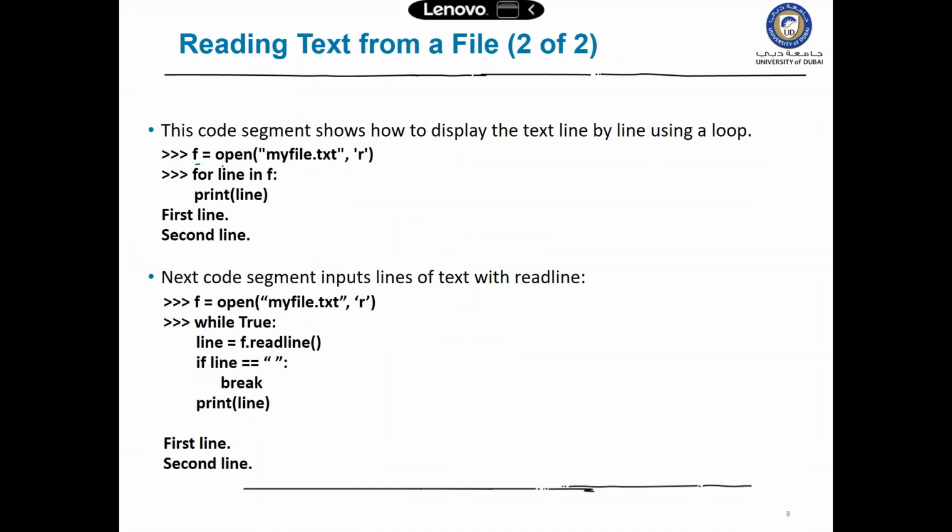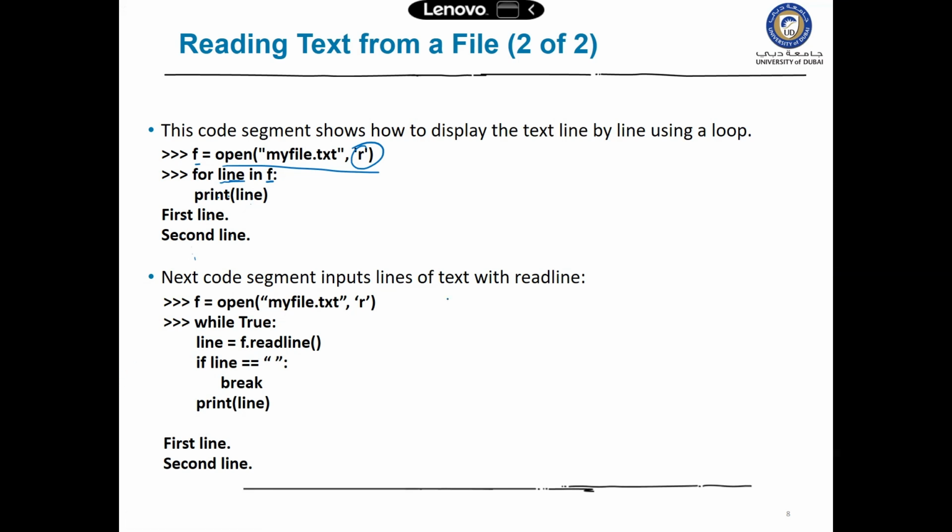This is how you read it. Now for line in f. Line here could be anything. Print line. So it will go through the contents of the file object f. For each line, print line. So first line, second line, and so on.